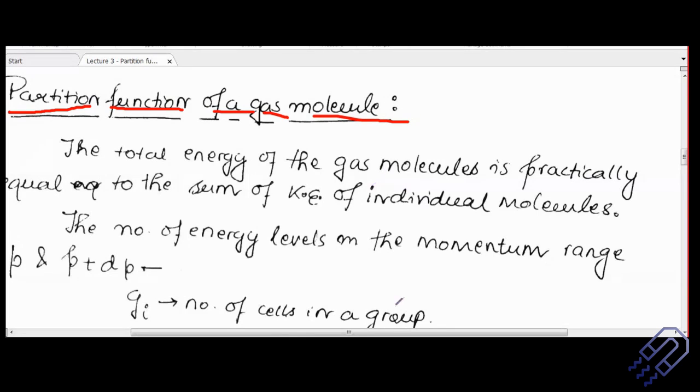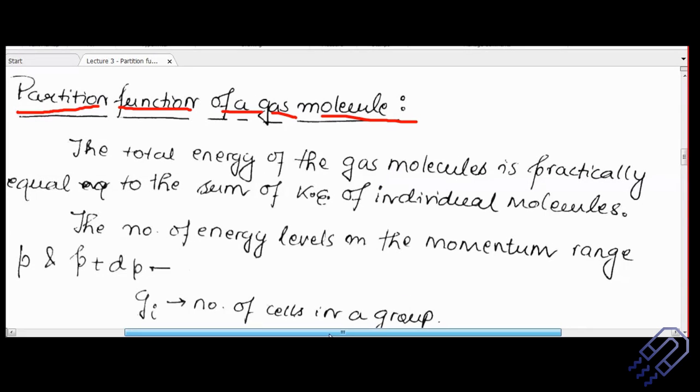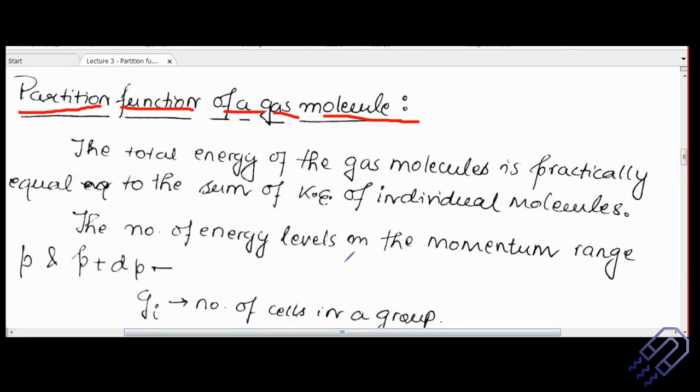Let me tell you a simple idea: when we are considering gas molecules, you have a system with a number of gas molecules within it, and all these gas molecules will possess only kinetic energy, as I explained.